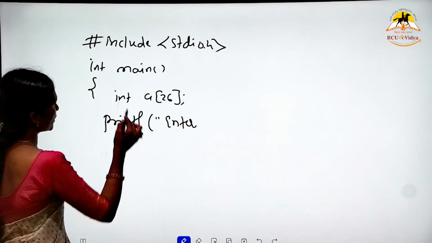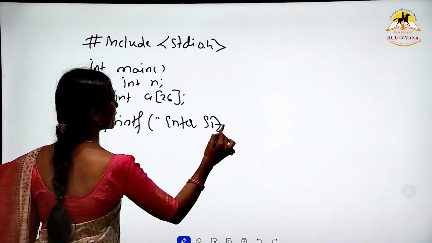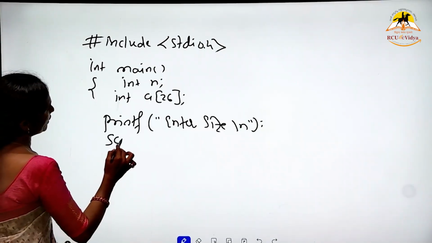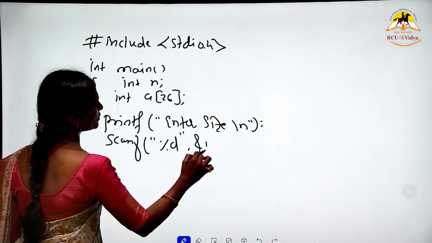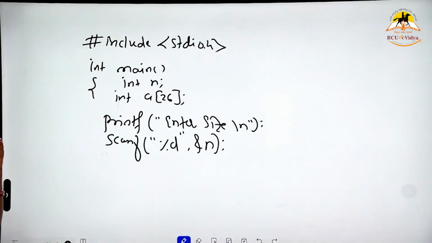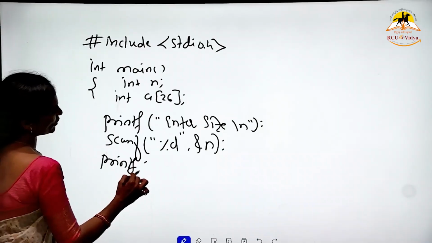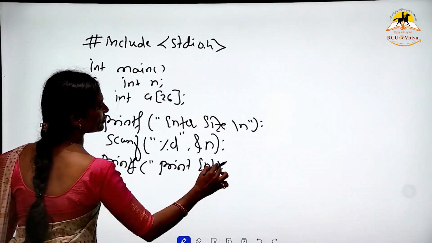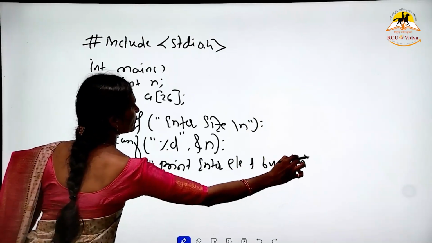Initially, let's take the size as int n. Then scanf, you are going to learn, %d, address of n. Now here you have to ask for reading the elements one by one, that is printf "enter elements one by one in the array".